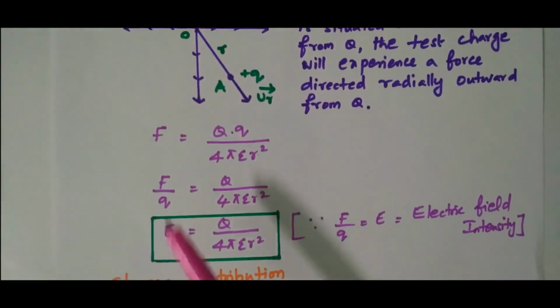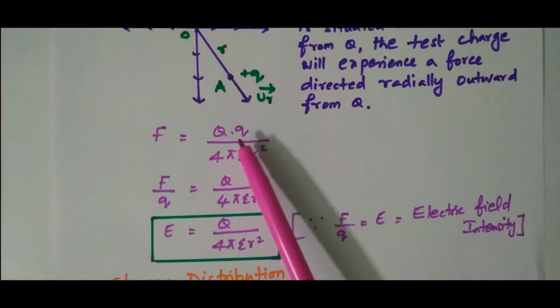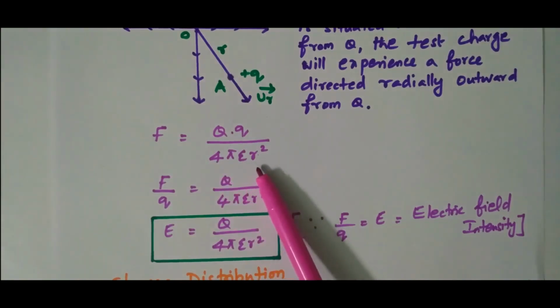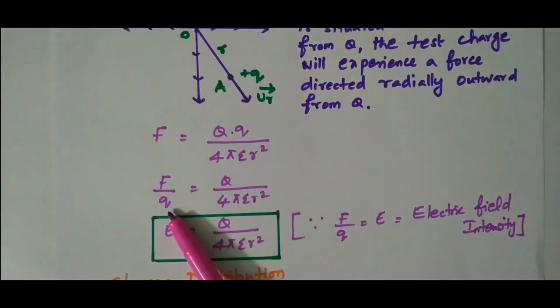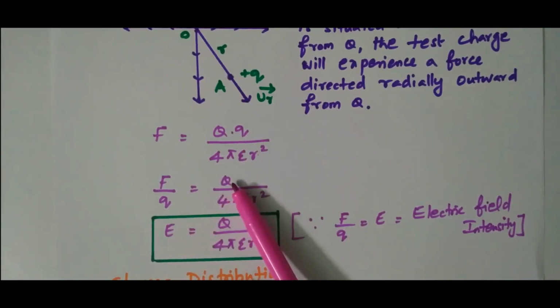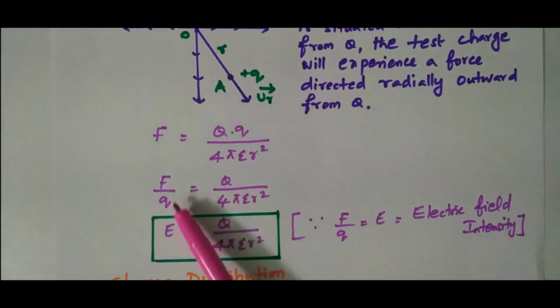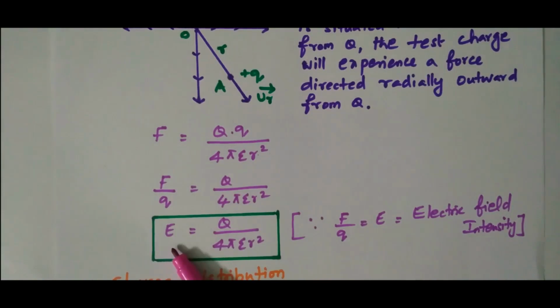by capital Q into small q divided by 4 pi epsilon r square. That r is nothing but the distance between the charges. So bringing this q to the denominator, we get Q divided by 4 pi epsilon r square. So this F by q is nothing but the electric field intensity. So E equals Q divided by 4 pi epsilon r square.